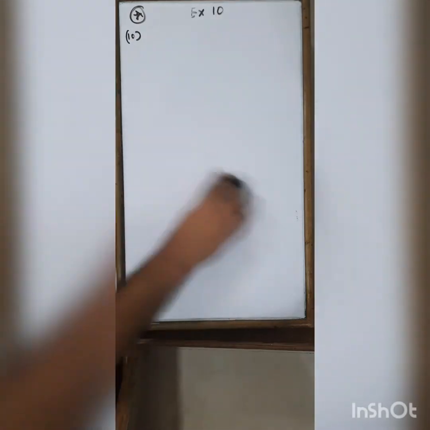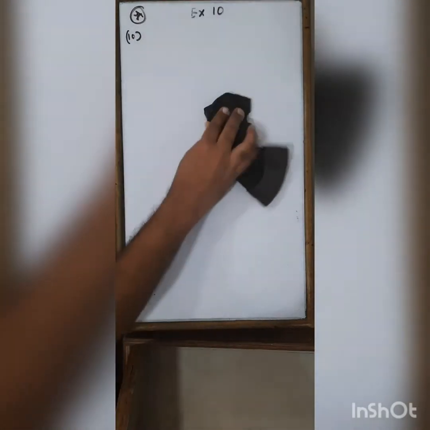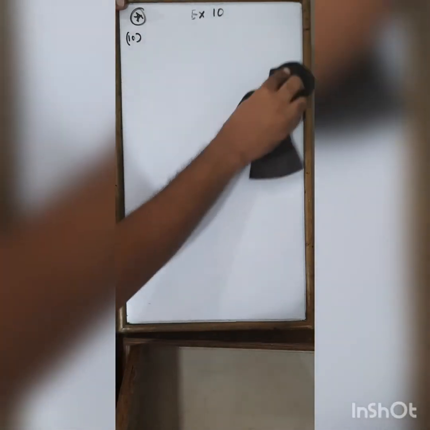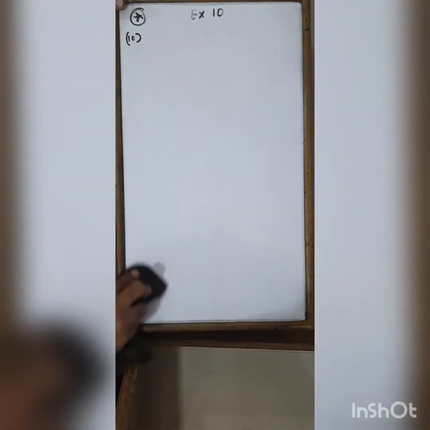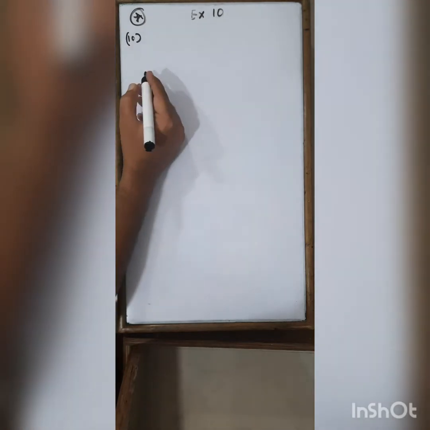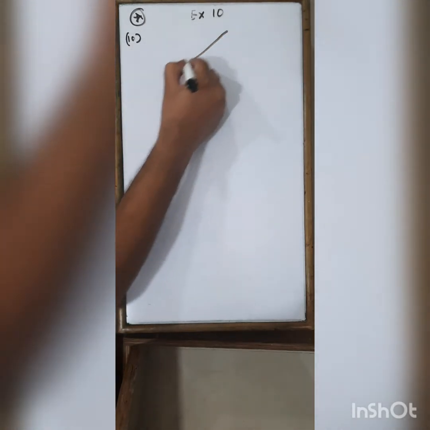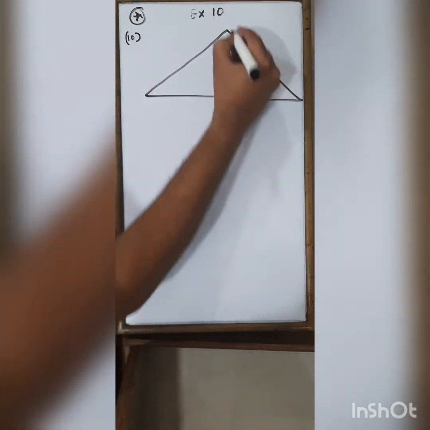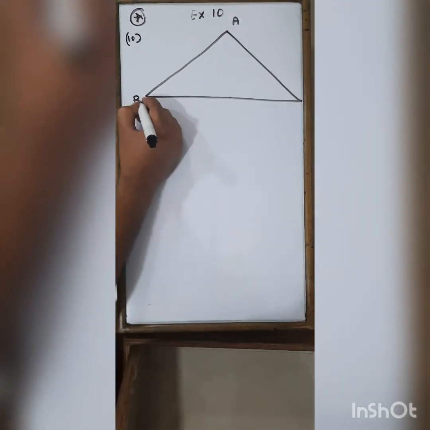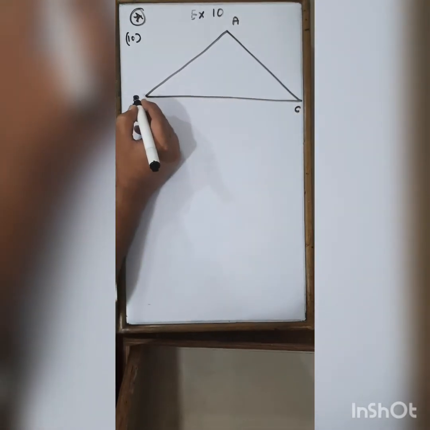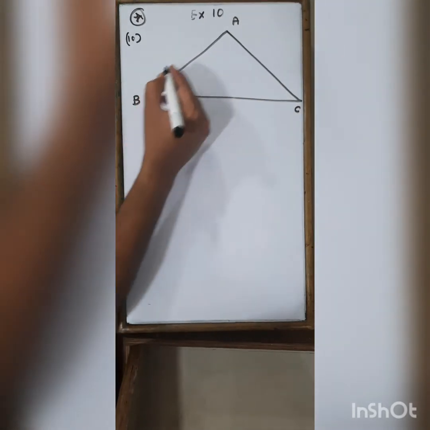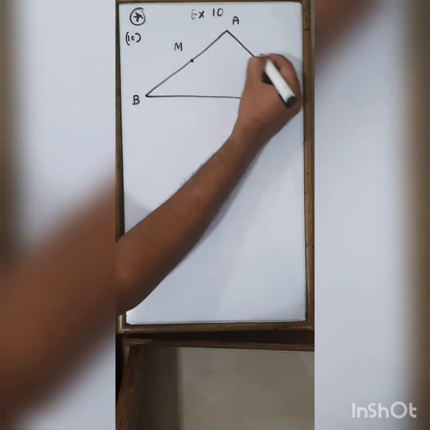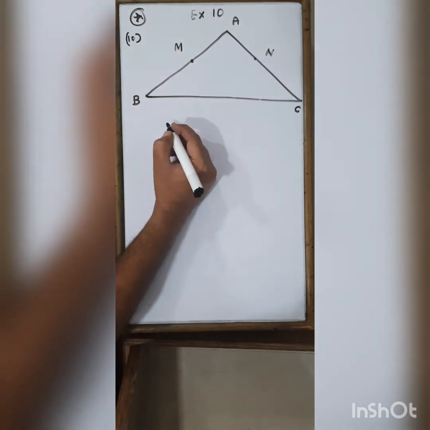Sum number 11. In triangle ABC, you should always draw big figures, okay? So you have triangle A, B and C. M, N and P are the midpoints of sides AB, AC and BC.